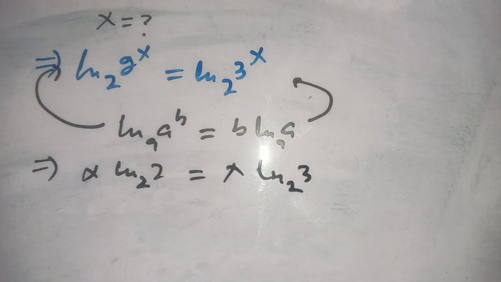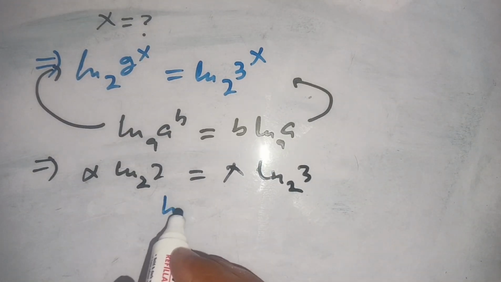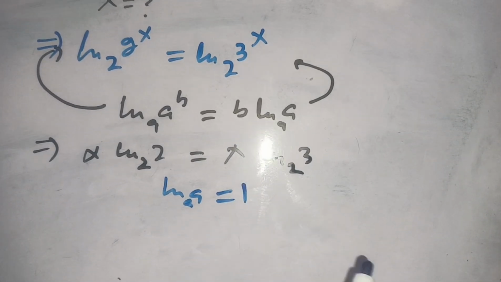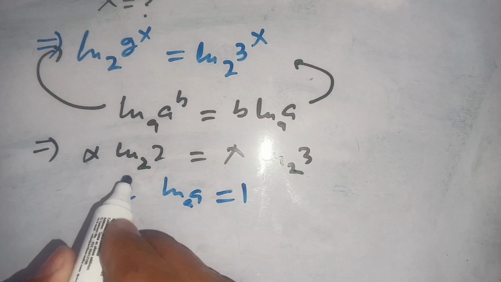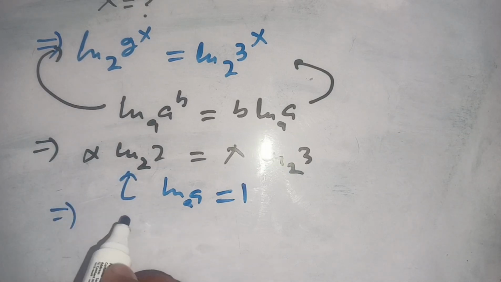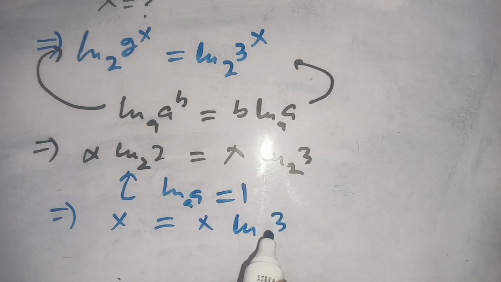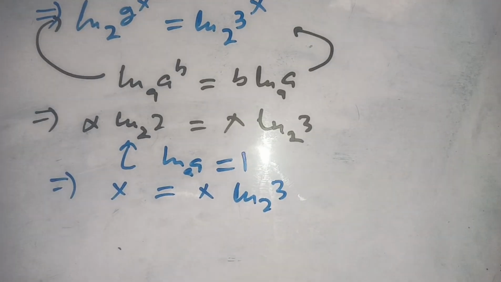Now we know that log of a with base a is equal to 1. Using this identity on the left hand side, our equation gives x is equal to x log of 3 with base 2.